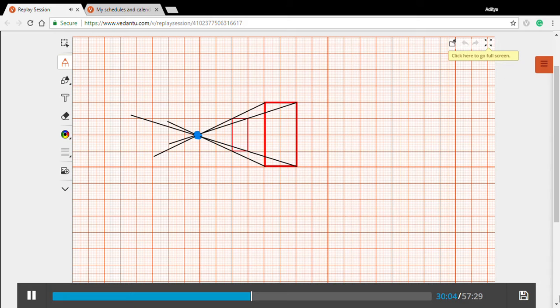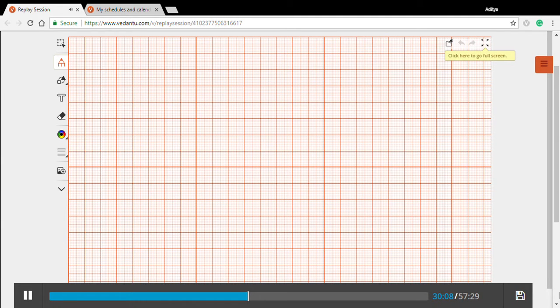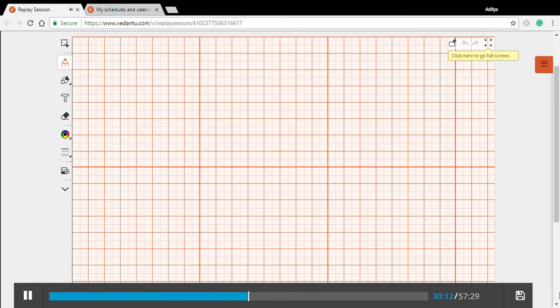In the second part, if we just copy the diagram, we can copy it anywhere on the grid. So it's 2 units is the height as well as 2 units is its base like this.